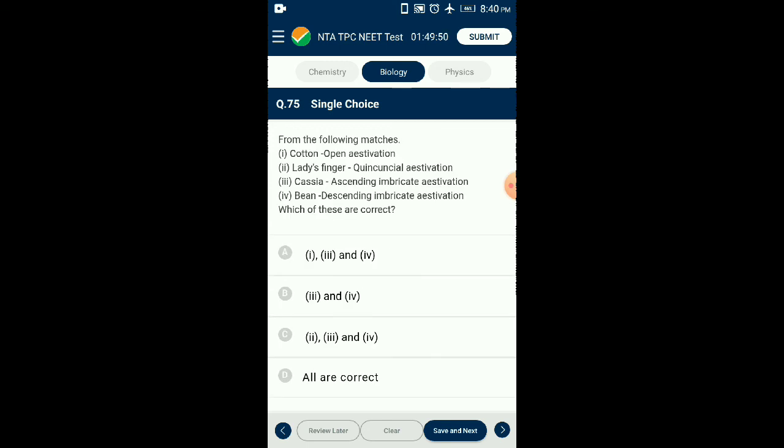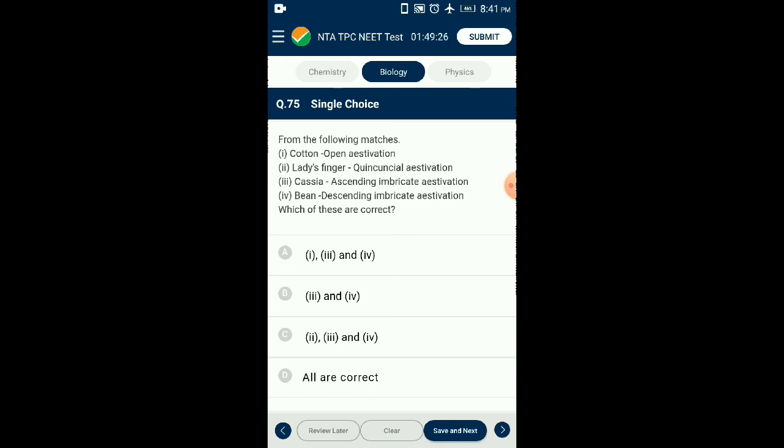Question number 75. From the following matches: cotton, open estivation is given; lady's finger, quincuncial estivation; cassia, ascending imbricate estivation; bean, descending imbricate estivation is given. From this, the correctly matched ones are the third and fourth.